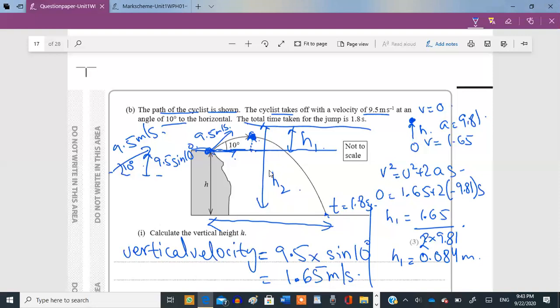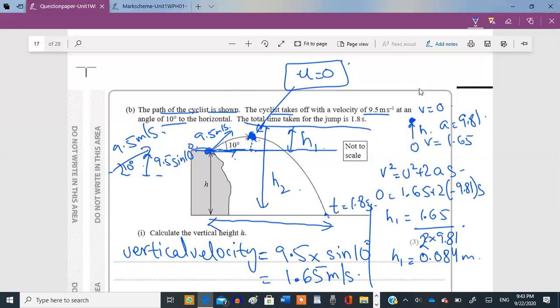To calculate the total vertical height, you'll need to know the time it took the cyclist to fall over here. You know that the initial vertical velocity at this particular point is going to be 0 because it's at the maximum position. You need h, and you know the acceleration is 9.81.